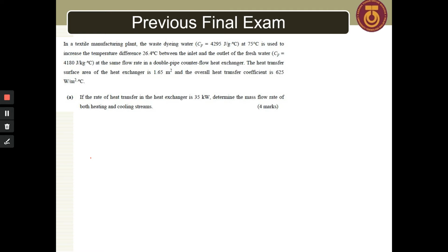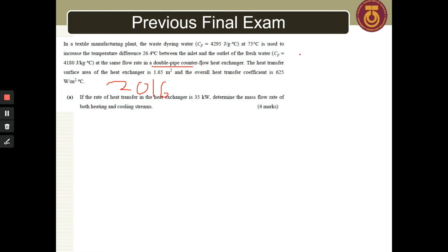Otherwise, you can just continue, because now we want to discuss the previous final exam question which I have shared with you. Actually, this is the question for, if I'm not mistaken, 2016. I think you have already read the question. The question asks you to find about a heat exchanger, which is double pipe.